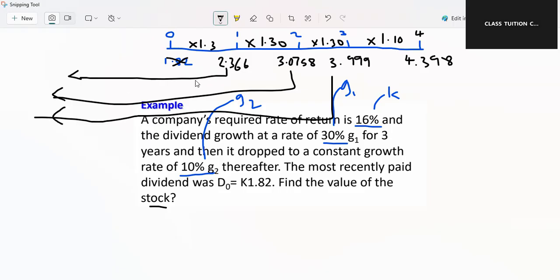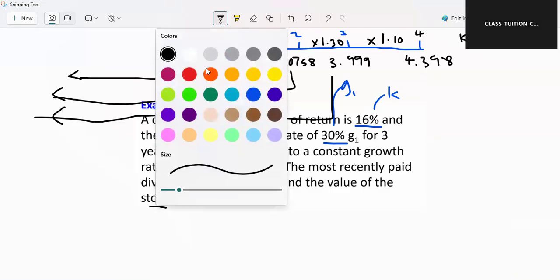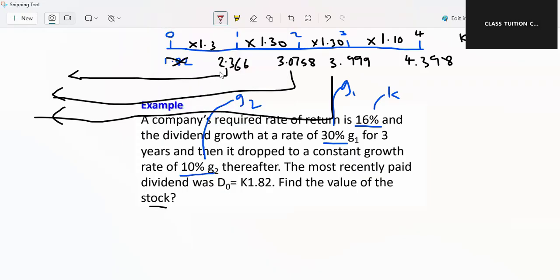So just getting the present values. So here is 2.366 and our market rate is 16%. So we're going to divide this by 16% so that we get the discount rates. So when we divide by 16% here, it should be 1.16 to the power 1.